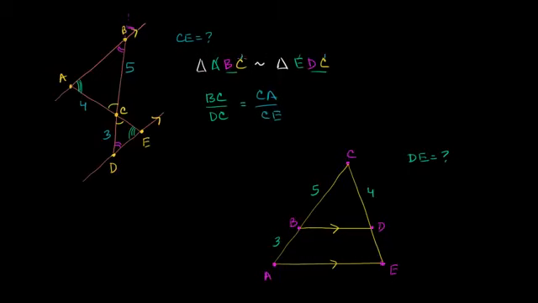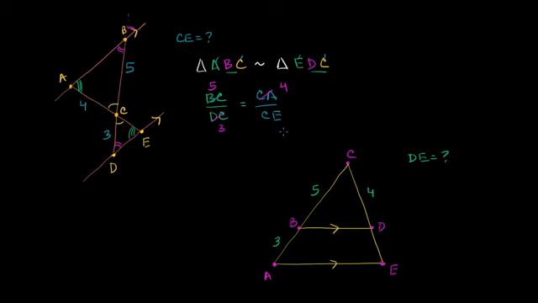Corresponding sides: this is the last and the first, last and the first. We know BC right over here is 5. We know DC is 3. We know CA, or AC, right over here is 4.